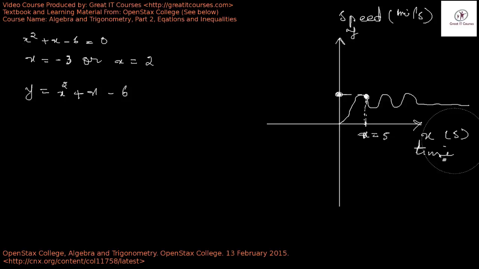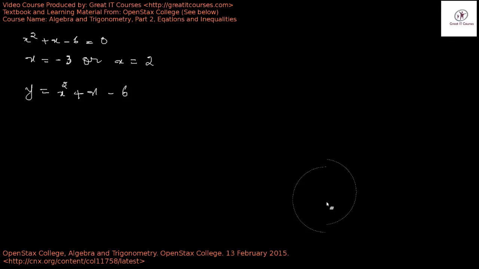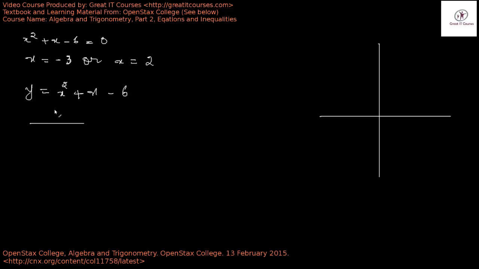Now, we had this equation y is equal to x squared plus x minus 6. I can draw the graph of this equation, and in order to draw the graph of any equation, as we have talked about, you could do a simple table, input some values for x, and calculate the values of the corresponding y.